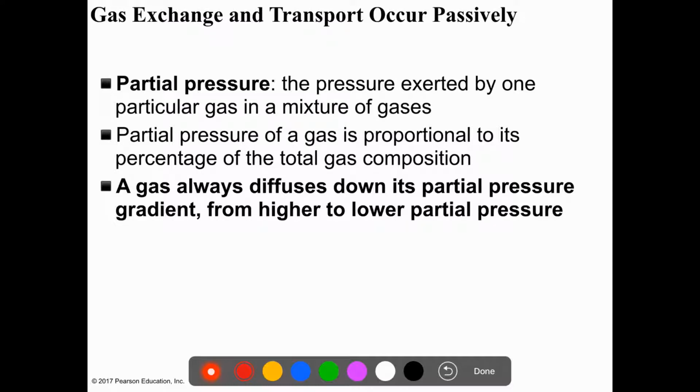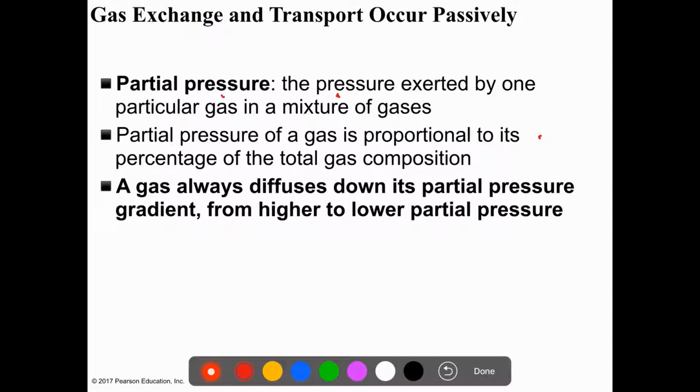Before going into that, we need to understand that gases exert pressure. They have a force or pressure against the space they occupy. If there is a mix of gases, then each gas will exert a pressure proportional to its percentage of the total gas composition, and that is the partial pressure.